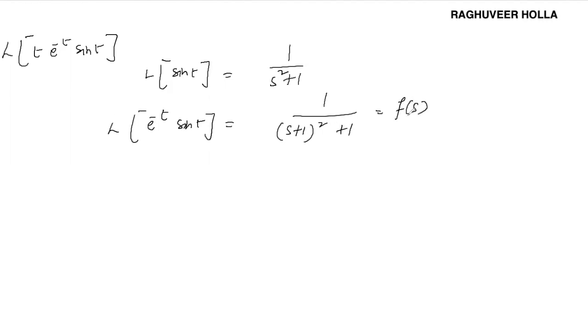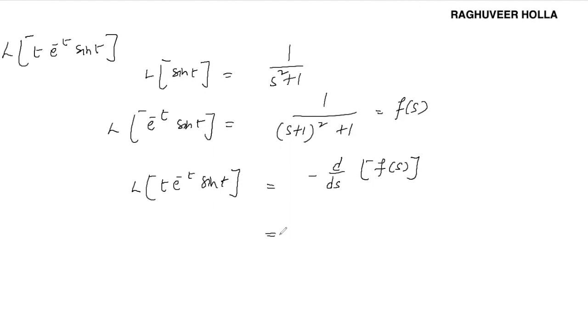Now let us multiply with t, multiplication by t. We have Laplace transform of t e to the power of minus t sine t, which is equal to minus d by ds of f of s.